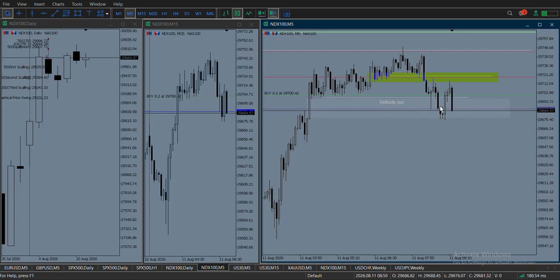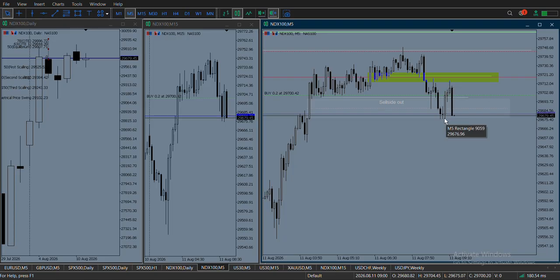So we've gone back into this inefficiency here, we've touched it, still acting as inversion, and you can see the movement here. I talked about how I wanted to see price, if it were to move below these lows here, then this is so much the opposite of what I'm expecting. And look at what it has done. We've traded higher.